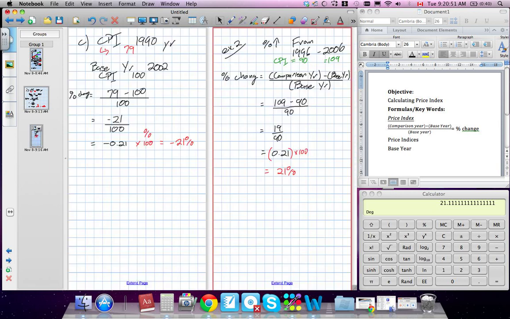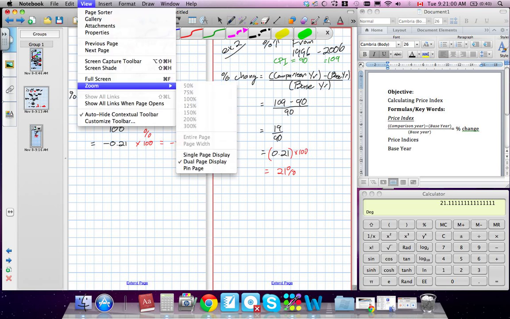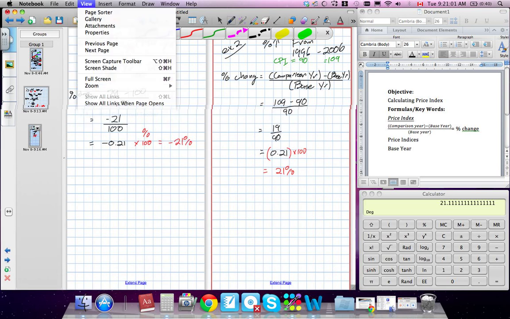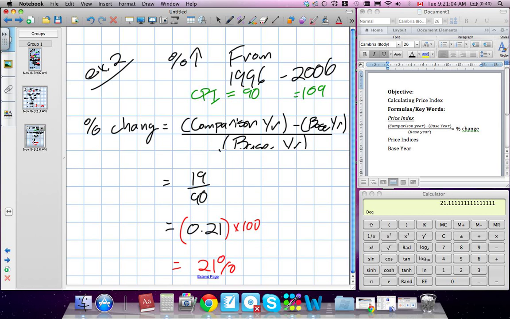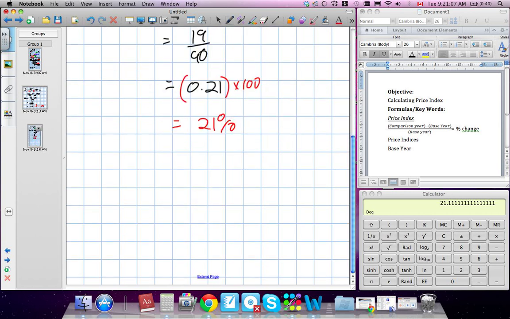So in other words, to make sense of that, if you were buying a home and that home sold for, let's say, $300,000 in 1996, so a house cost $300,000 in 1996.